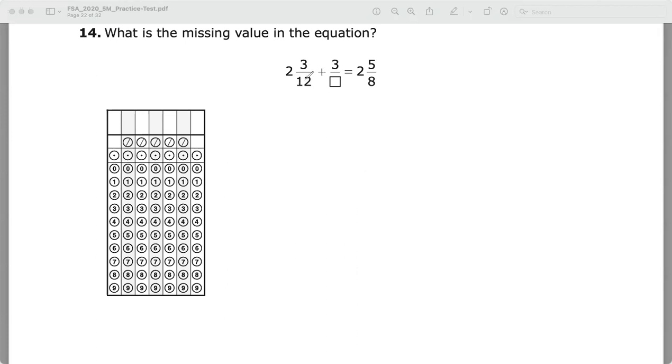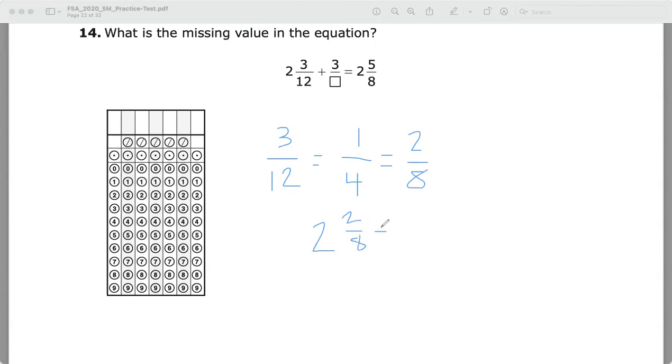If I change the 3/12 and I want it to be an 8, 3 goes into 3 one time, and 3 goes into 12 4 times. And then I can multiply this by 2. So 1 times 2 is 2, and 4 times 2 is 8.